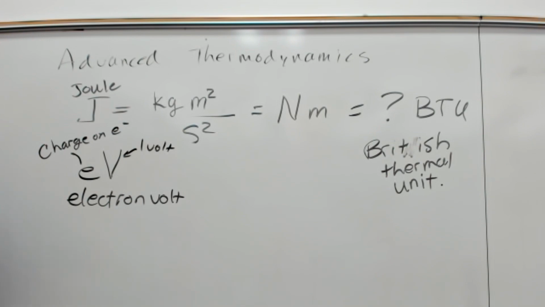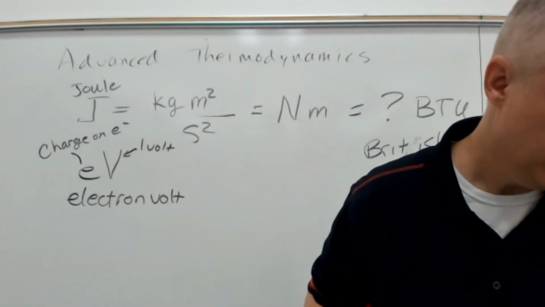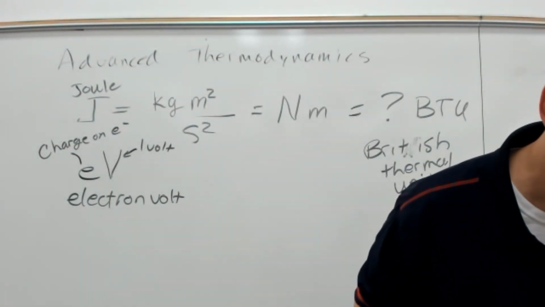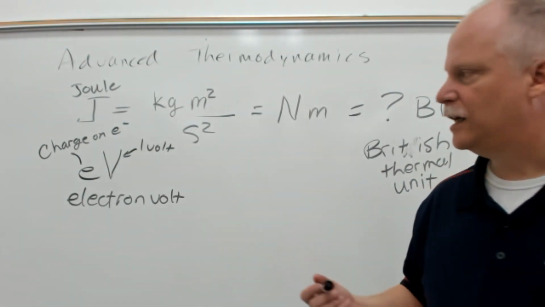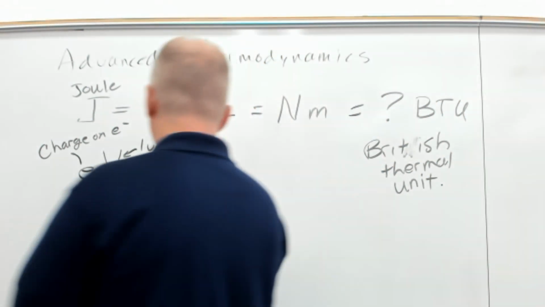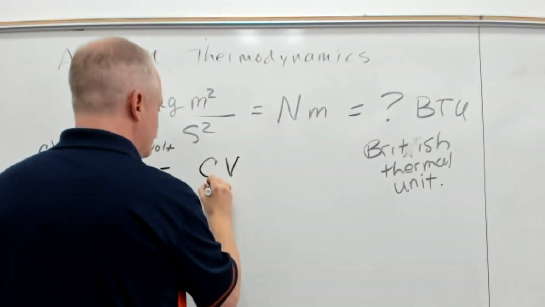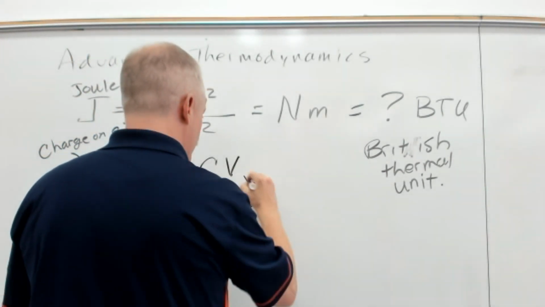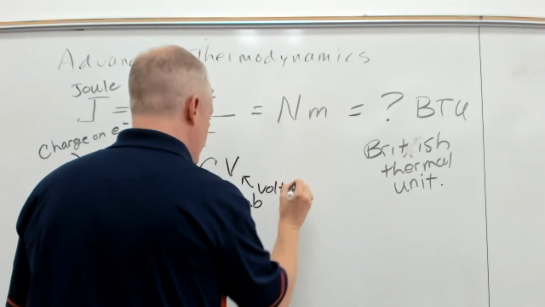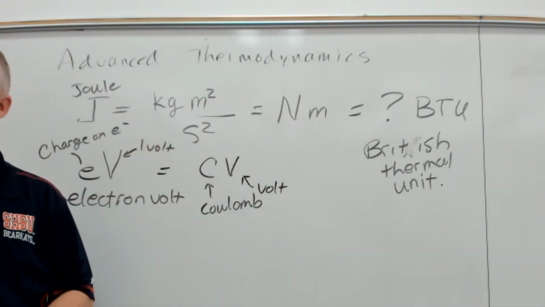It's the force being put on that electron. And so this tells us that another unit of energy is coulombs times volts. So a coulomb times a volt is electrical energy.